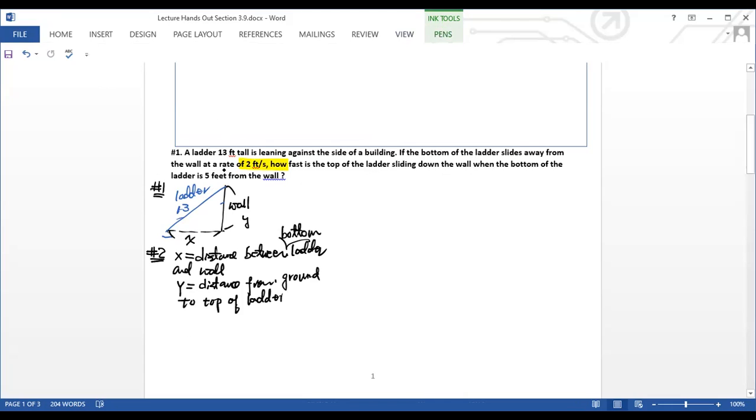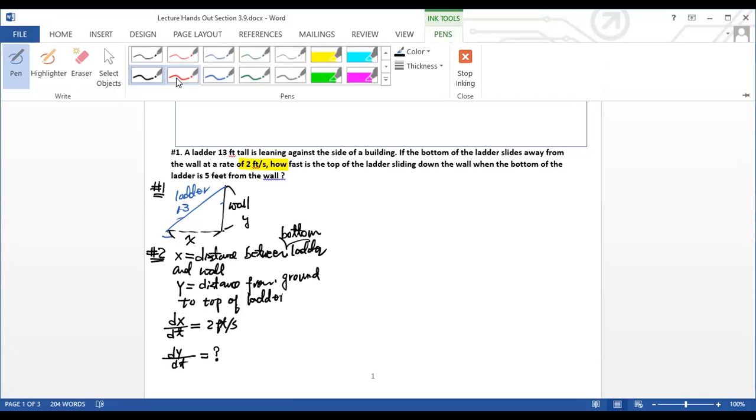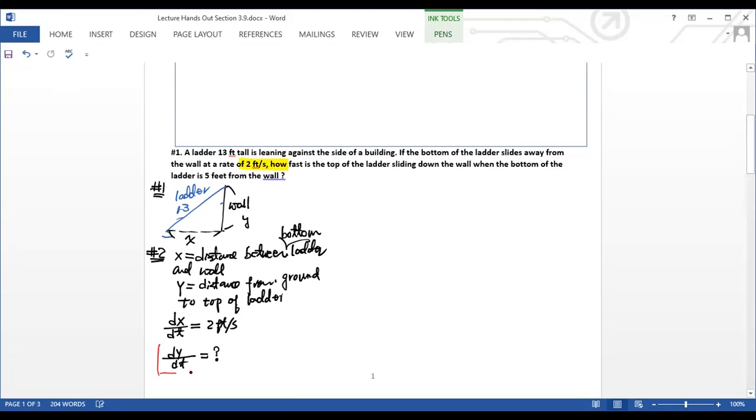So what is the given one here? The given one is dx/dt, the rate of the distance change with time, which is 2 feet per second. The problem wants us to find how fast the ladder is sliding down. So what we're looking for is dy/dt. We do not know dy/dt, because that's what the problem wants us to find.